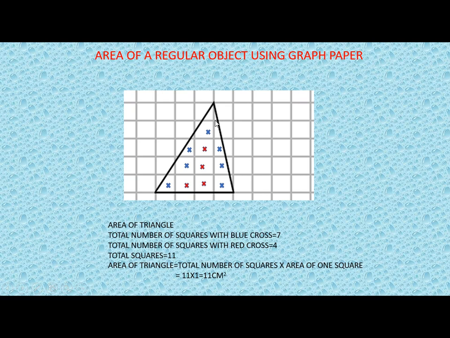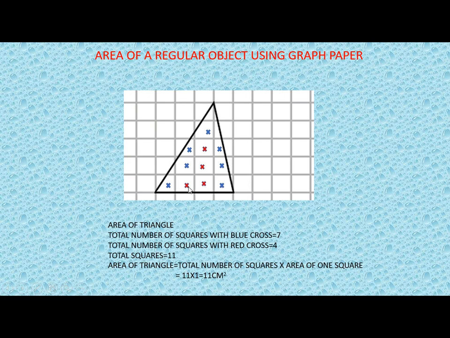After drawing the outline, you can see some blue crosses and red crosses. The blue crosses cover those squares which are half or more than half. Here this is more than half, here also, and here also. All have been marked with a blue cross.